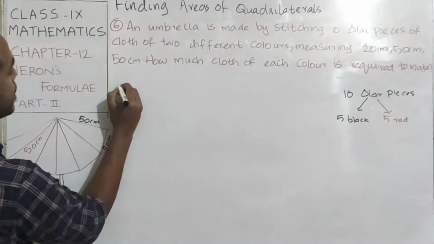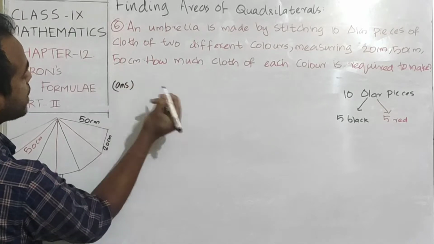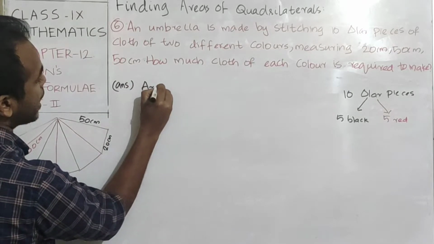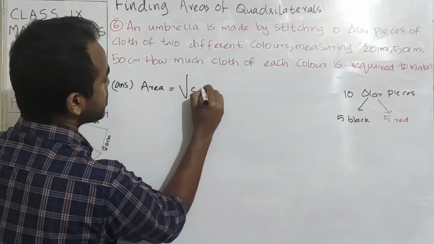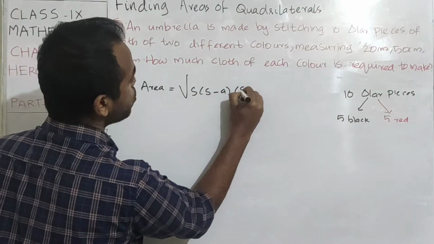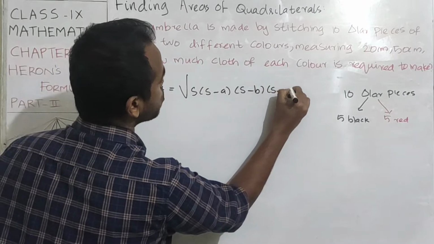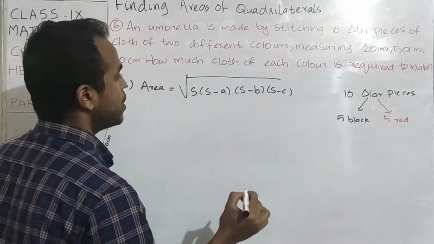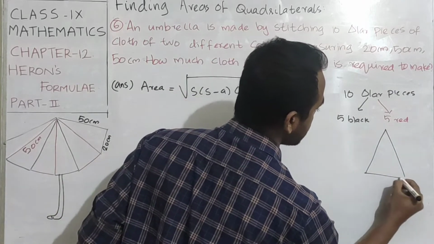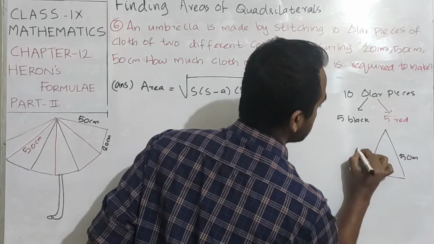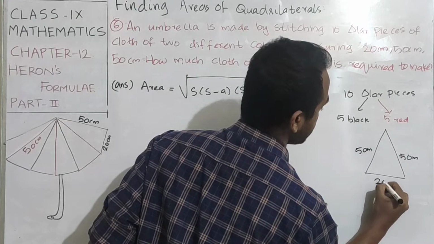So first we will find the area of one triangular piece. Area can be found using the equation that we have already been learning, square root of S into S minus A into S minus B into S minus C. And let's draw a sample figure over here for our understanding sake. This will be 50 meter, this is 50 meter and this is 20 meter.